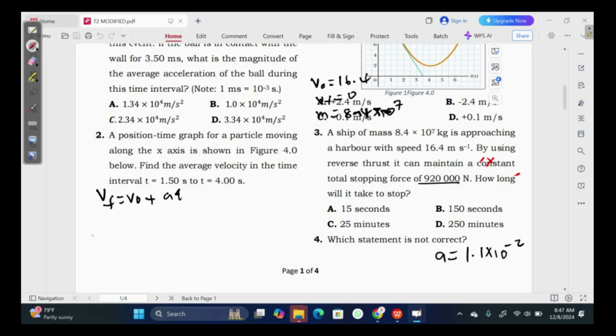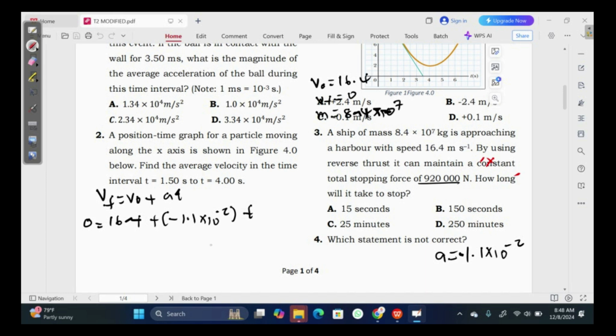Is it positive or negative? It is decelerating, so it's negative. Let's not forget that. So this acceleration has to be negative because it was decelerating. The final velocity is 0, the initial is 16.4, plus acceleration negative 1.1 times 10 to the power negative 2.